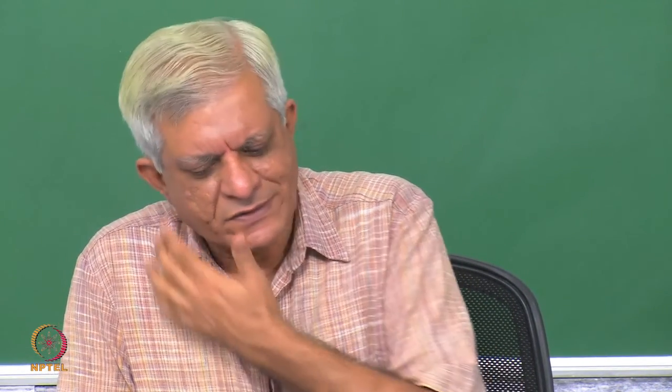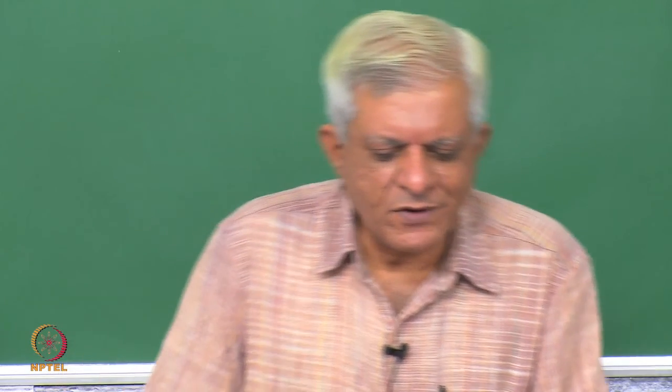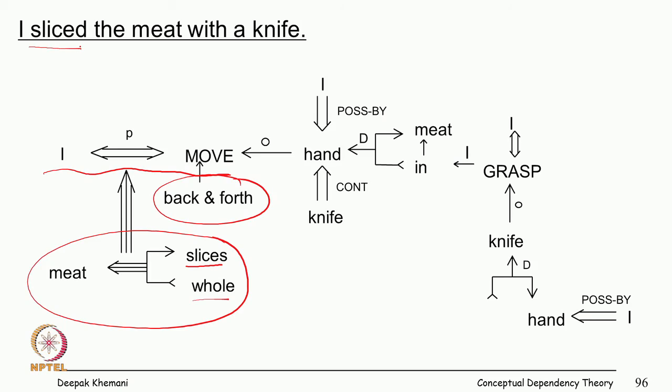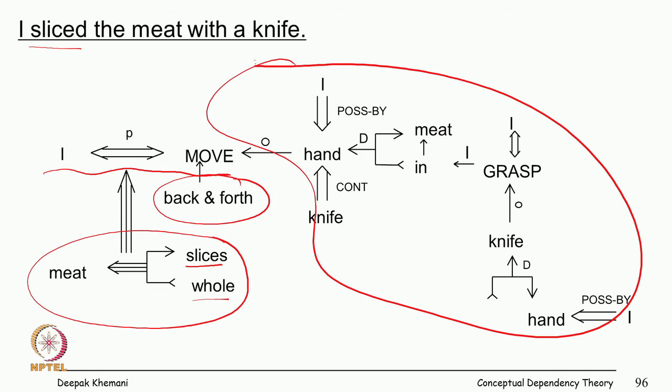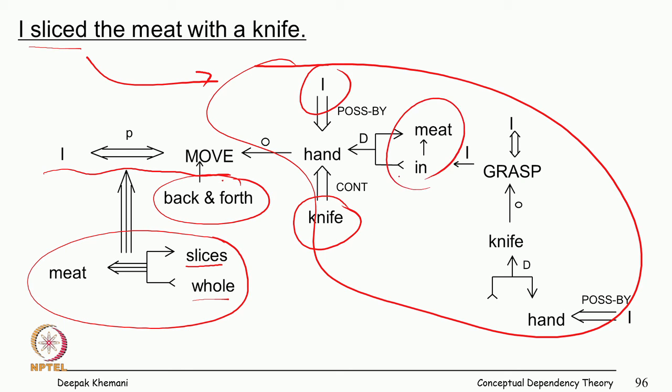Your task is to retrieve the appropriate structure and fill in the slots essentially. So, when you talk about sliced, this whole structure will come into place because of slice. You move back and forth and your hand should contain a knife, and you move it towards the direction of the meat, and the instrumental act for that is that you grasp the knife in your hand essentially.